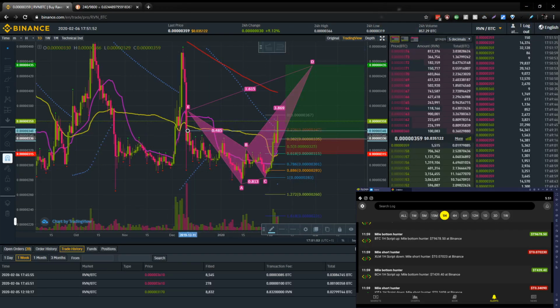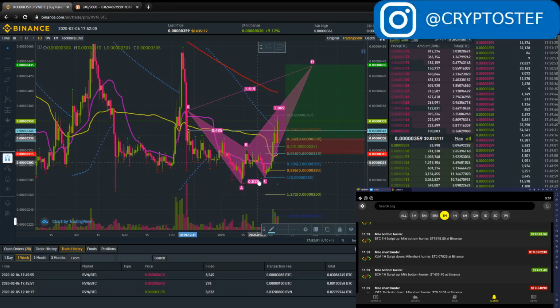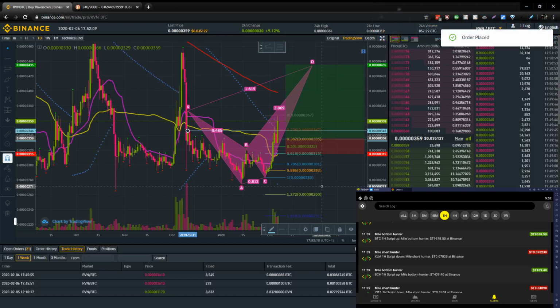So let's put another buy order 346, 0.024, and one of them will be built from a borrow. Okay. And that's how to trade with leverage.